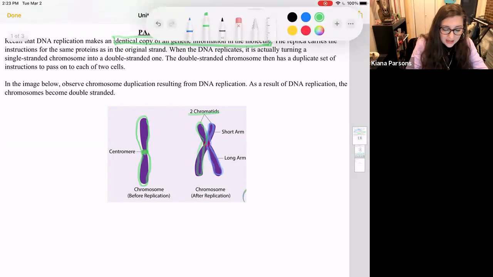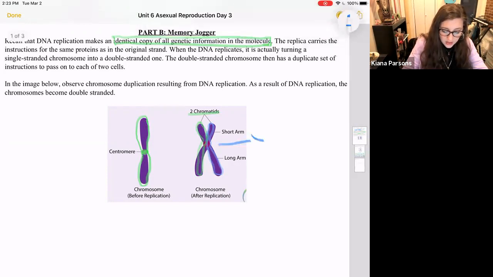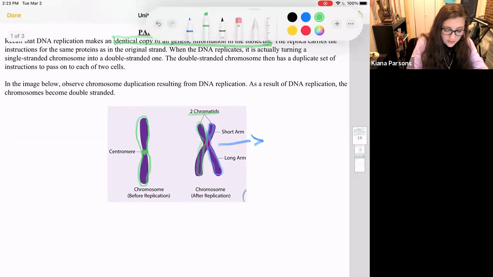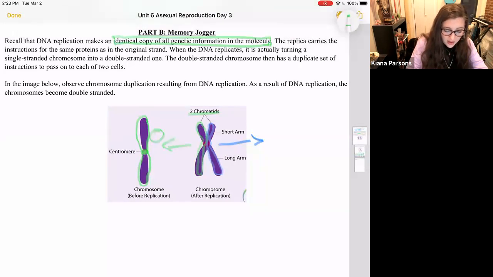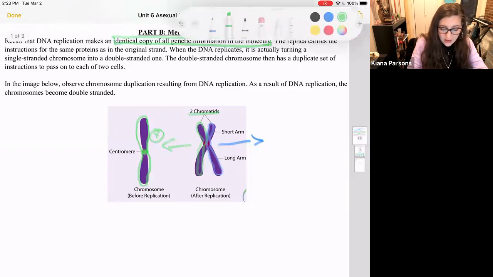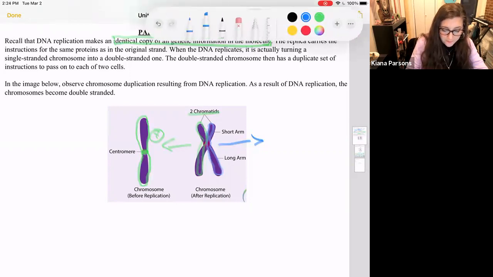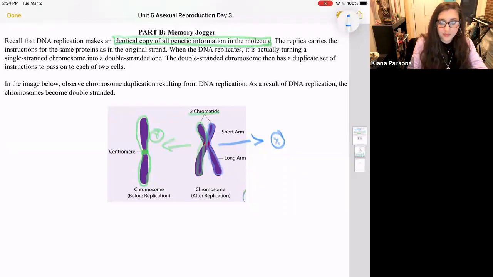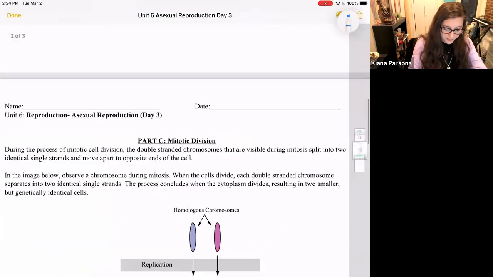After they have been replicated, they will go into two different cells that will each have a complete set of genetic information. So we have here this chromosome and then the two sister chromatids, and they're sister chromatids because they're connected by this centromere here, but they will go on to carry out their lives separately into separate cells.